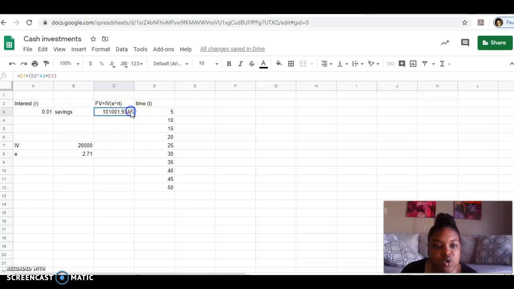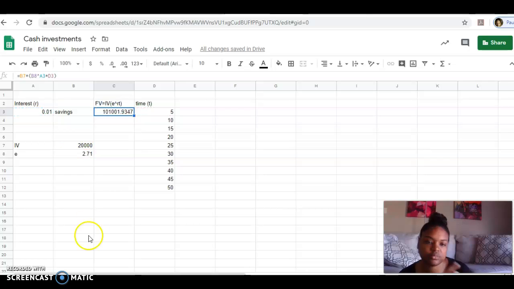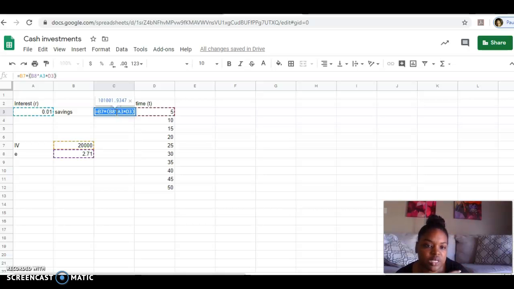Okay, so we can do the same thing. If we want to repeat this for 10 years, we can go back and type all the stuff that we just put in, or we can click back on the initial value that we have, and choose the things that we don't want to change and the things that we do want to change. So if I click on the cell with the first calculation we did, I'm going to double click it.